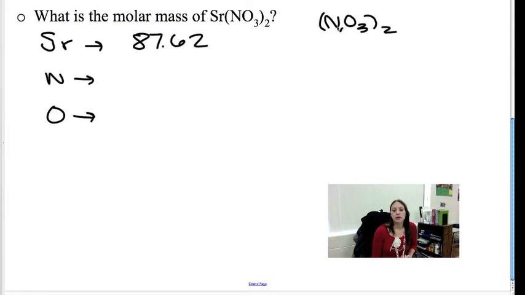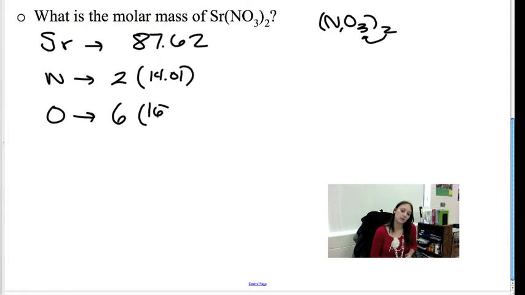So I have 1 nitrogen, but I have 2 of these NO3 groups, which means that I have 2 nitrogens, or 2 times 1 is 2. Which then also means that 2 times 3, I have 6 oxygens. So I look up nitrogen, look up oxygen, and then I add them all together.